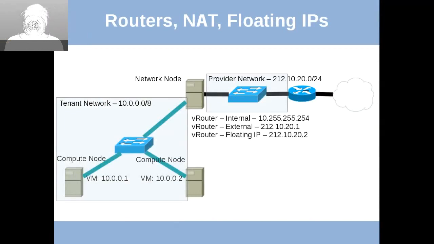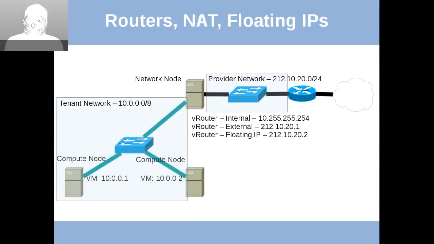A network node is where we basically create virtual routers, virtual Neutron routers. So in this example, the user created his own tenant network, and then he created his own virtual router. Again, a tenant can self-provision virtual routers. Routers are physically located on your network node and are managed by a component called the layer 3 agent, which we will talk about in a minute.